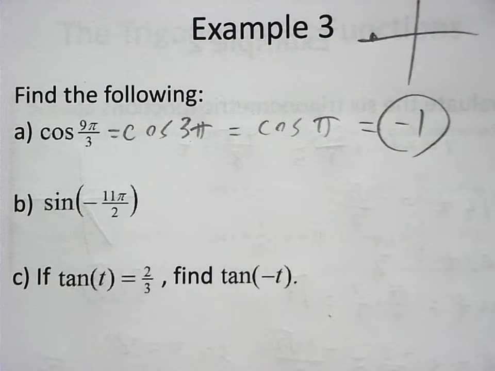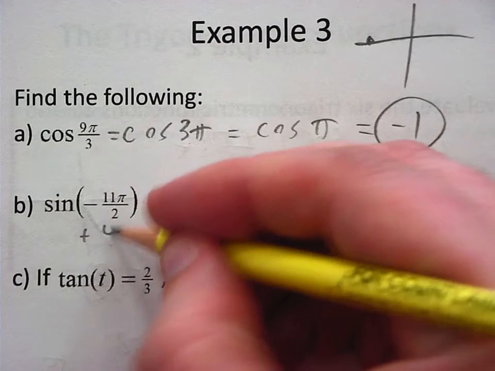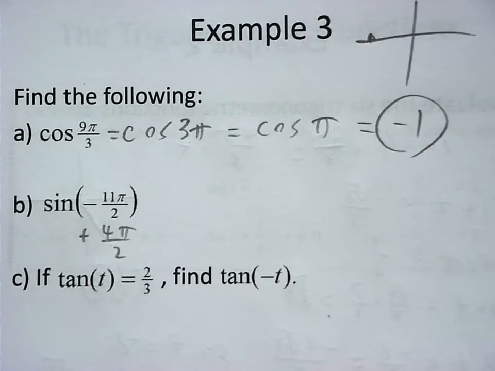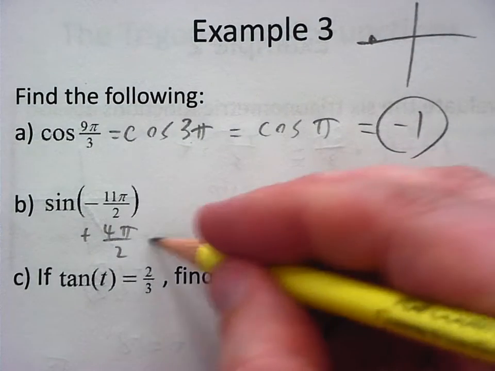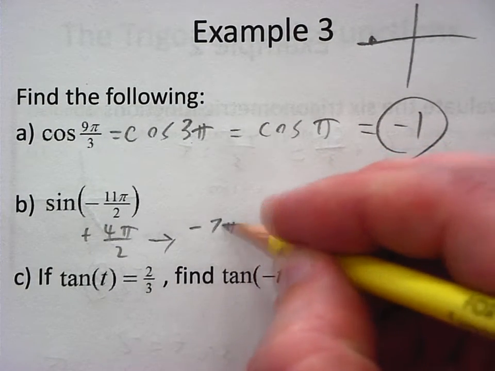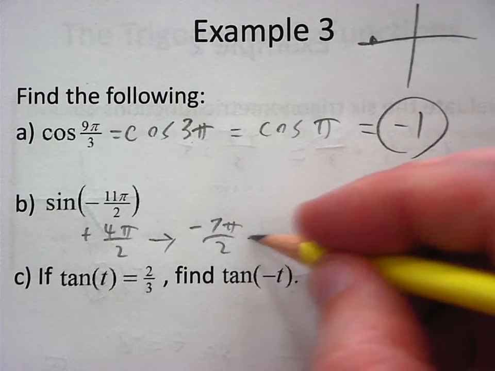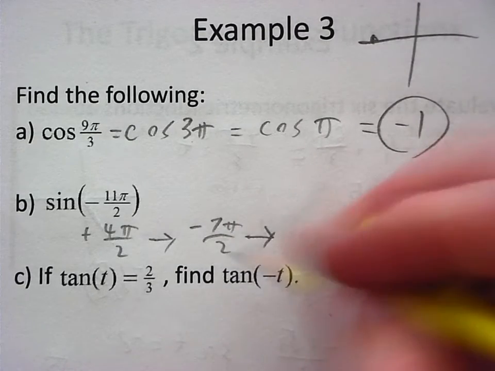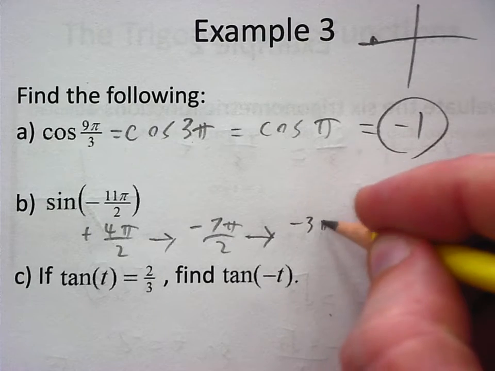Negative 11 pi over 2, you actually want to add some rotation since it's negative. I'm going to add these a few different times, figure out where it lands. Now, I'm going to add 4 pi over 2. When I do that, that's going to give me negative 7 pi over 2. Well, I'm still negative, so I'm going to add another 4 pi over 2. That's going to get me to negative 3 pi over 2.